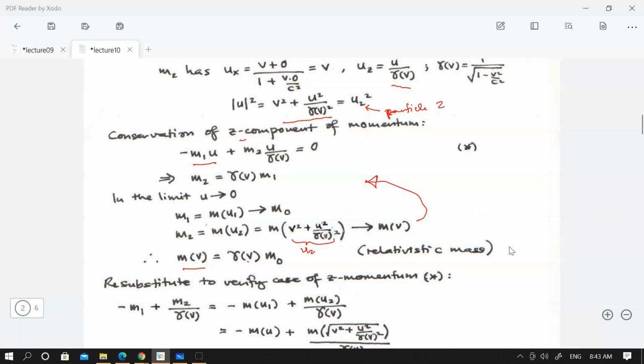Okay. So M1 is given by this mass dependent on U1. Okay. And M2 is dependent on U2. Remember that U1 is the magnitude of velocity of particle 1, and U2 is the magnitude of velocity of particle 2.